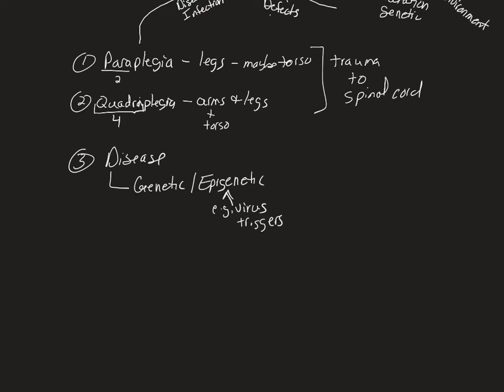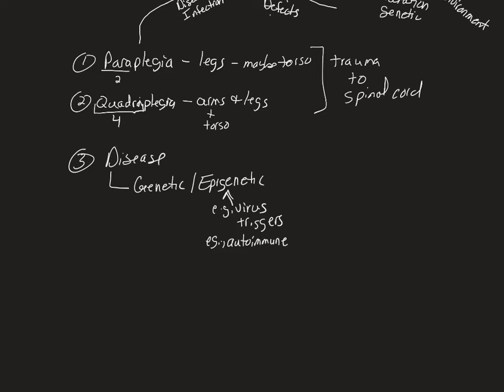So some examples of diseases that come on later where that have a genetic or an epigenetic component. Another example of epigenetic would be a lot of our autoimmune disorders.